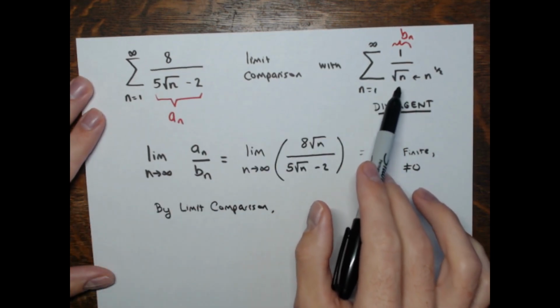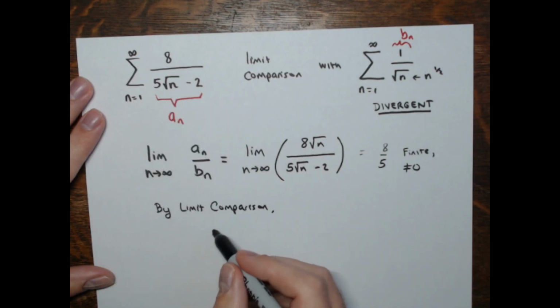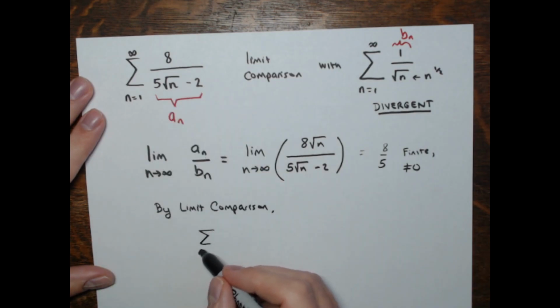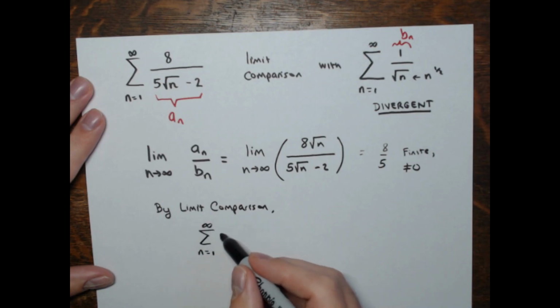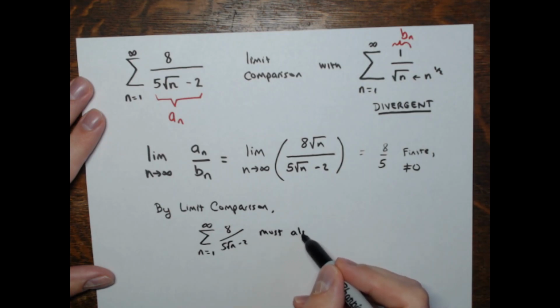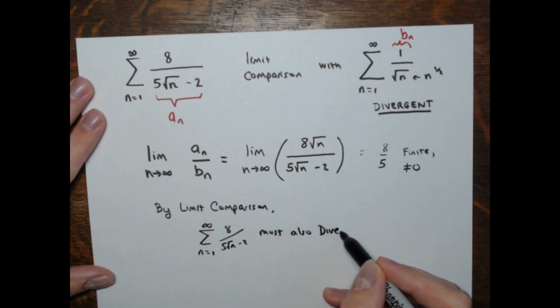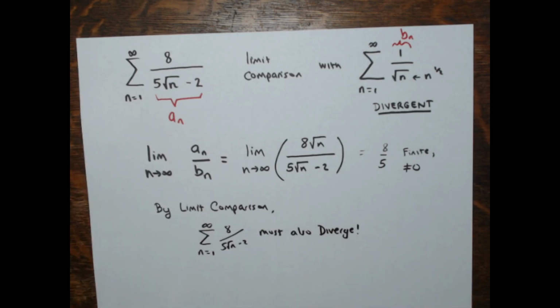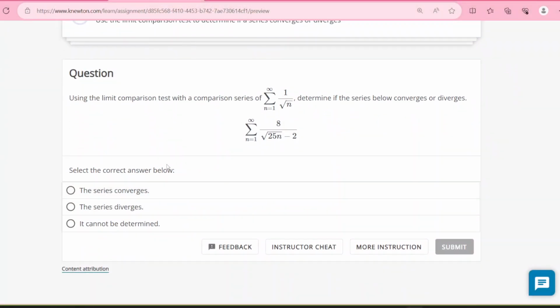And we already know that one of them diverges. So our series must diverge as well. The series of 8 over 5 root n minus 2 must also diverge. So by limit comparison with the series they gave us, the series diverges.